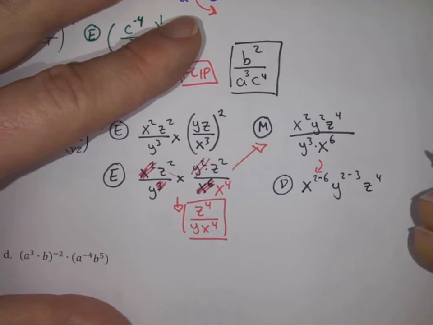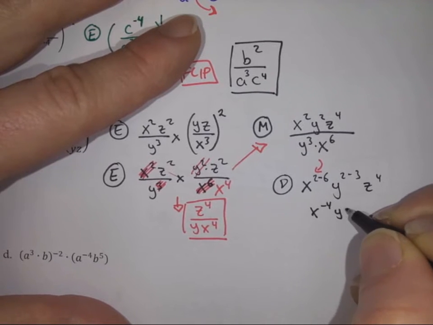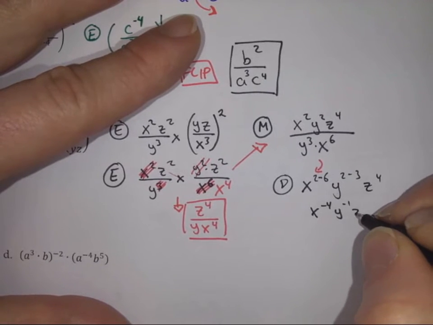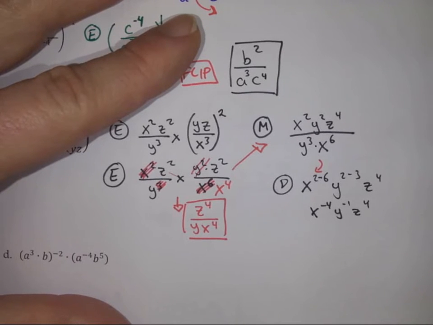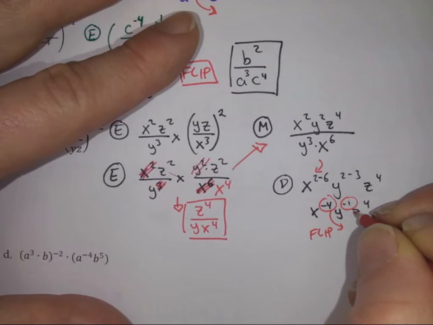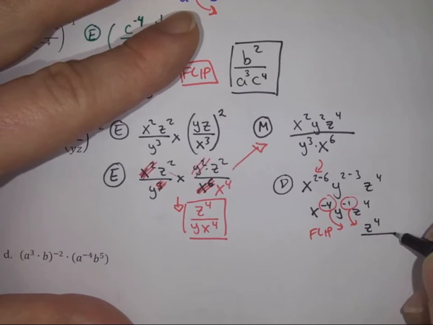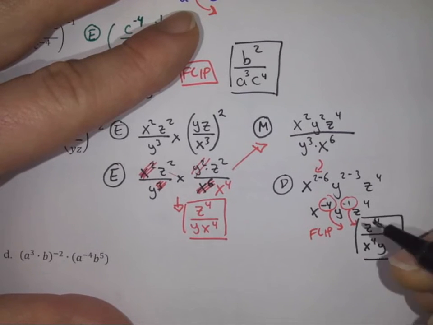And that gives us x to the power of negative 4, y to the power of negative 1, z to the power of 4. Then I have to do a flip step. Take the negatives, flip them downstairs, and that gives us z to the power of 4 over x to the power of 4 y, which is the same thing as this.